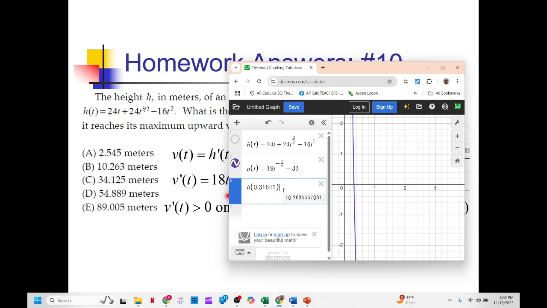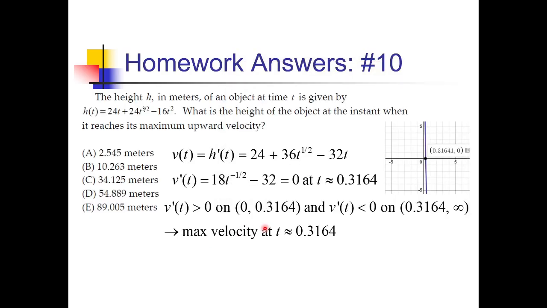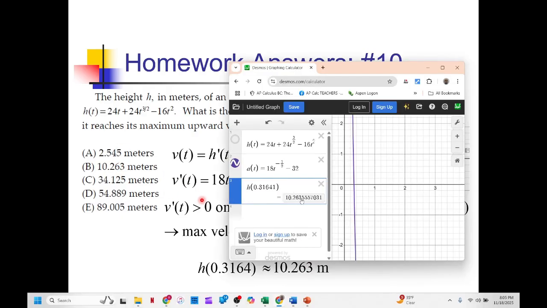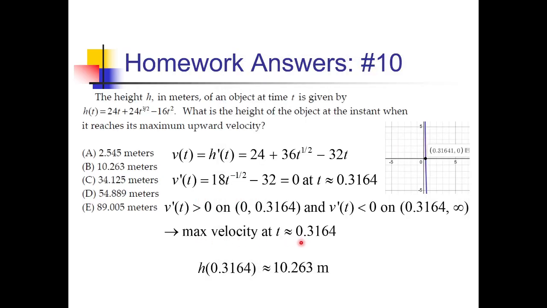And that comes out to about 10.264. Actually, looks like they rounded it off to 3. And I guess if you truncate it, you could round it to 3. That type of rounding is permissible on the AP exam. So anyway, that's going to give us choice B.